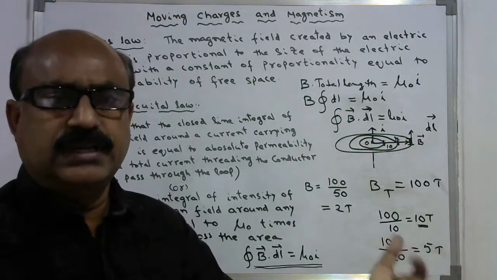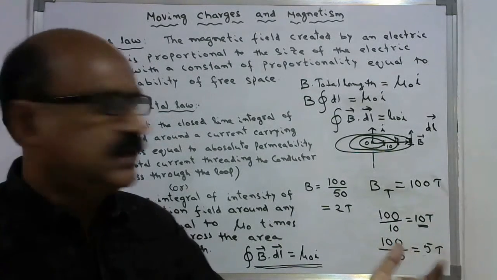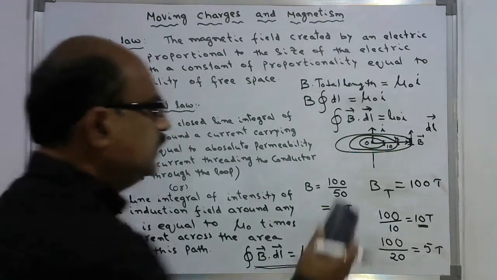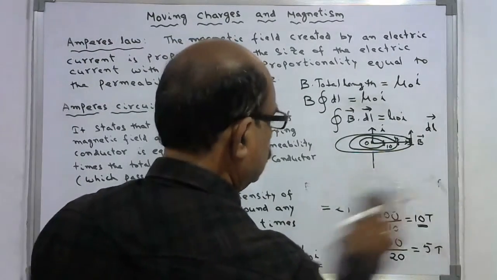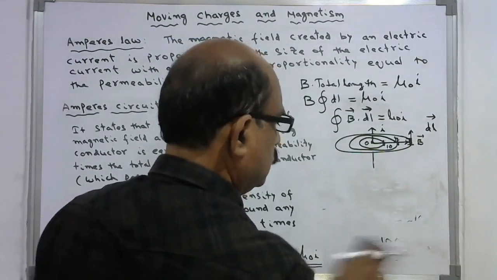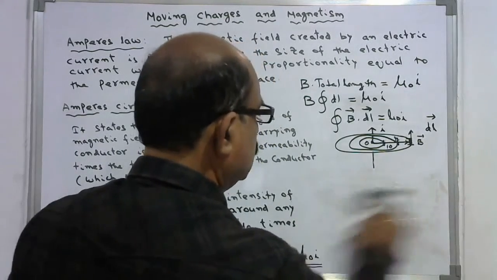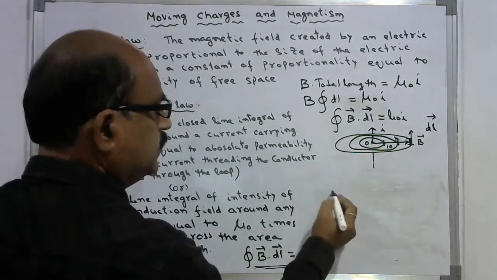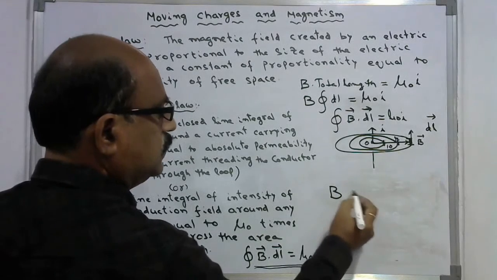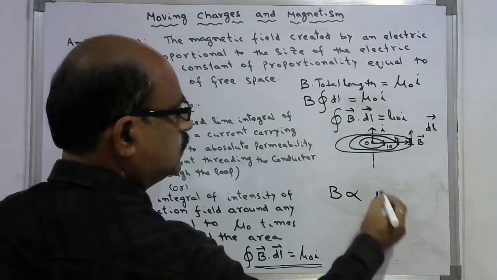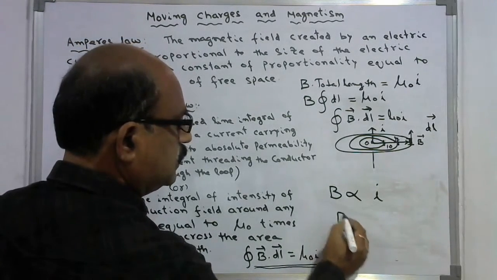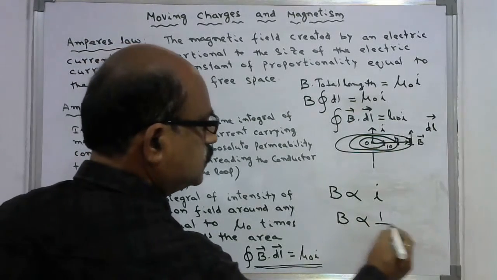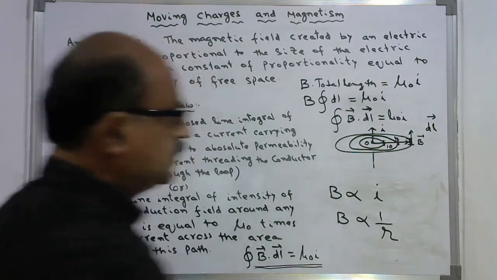So, we can finally write down that the magnetic induction B is directly proportional to the current and inversely proportional to the distance.